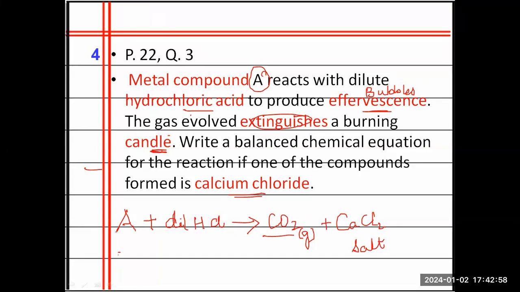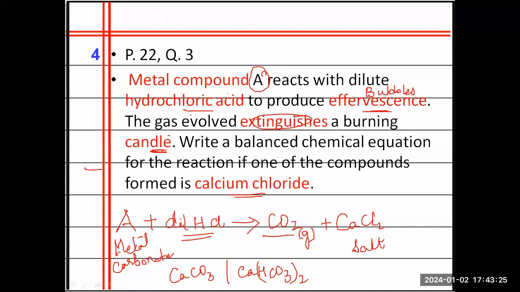In the previous slide, we have seen whenever an acid reacts with metal carbonate or metal bicarbonate, we get carbon dioxide gas along with salt. So it can be either calcium carbonate or calcium hydrogen carbonate, calcium bicarbonate. Right?